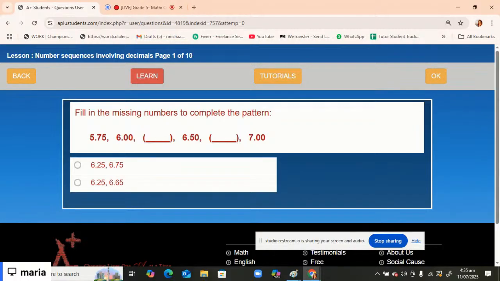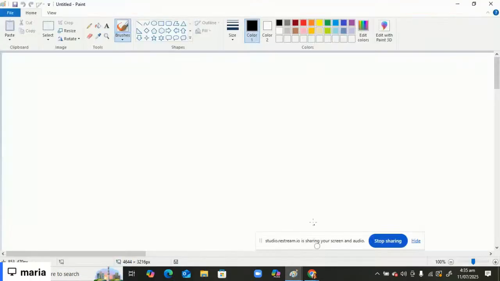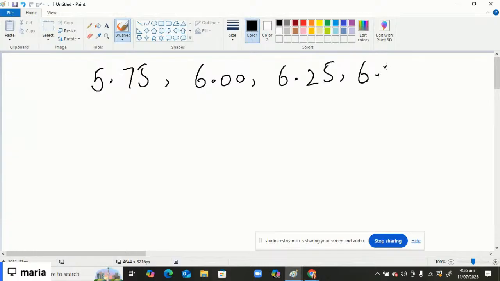Fill in the missing number to complete the pattern. 5.75, then it's 6.00, then 6.25, then 6.50, then 6.75, and then 7.00.